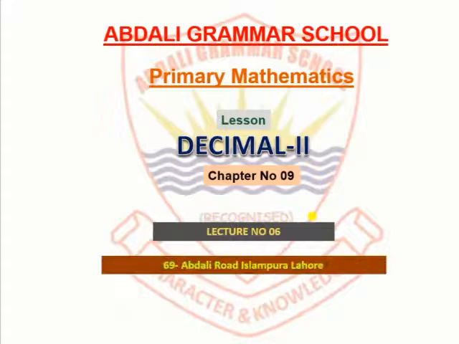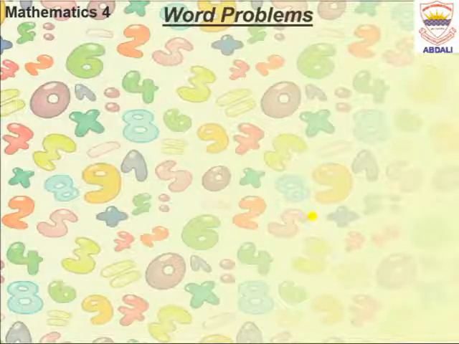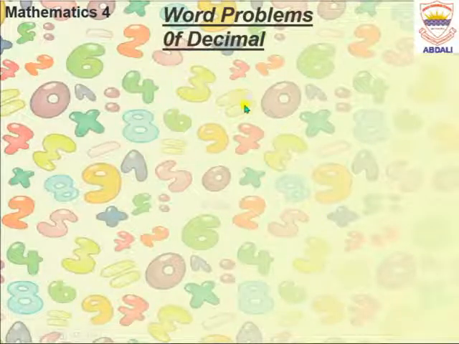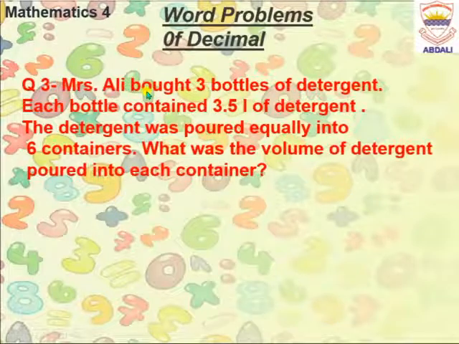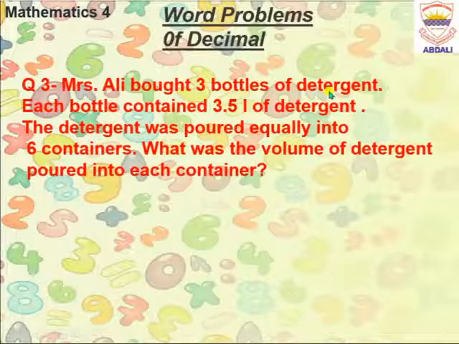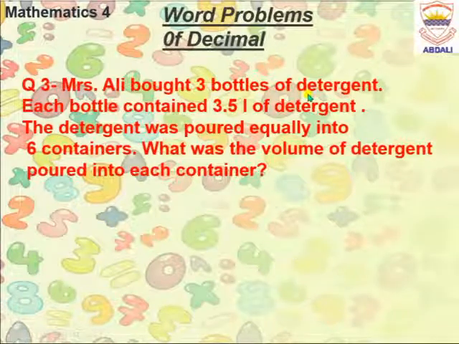So today we will continue our topic of word problems of decimal. Our problem is: Mrs. Ali bought 3 bottles of detergent.